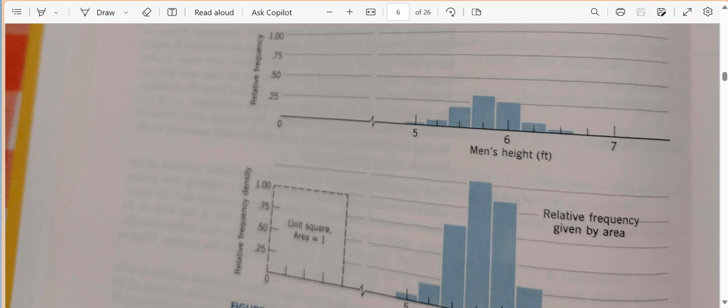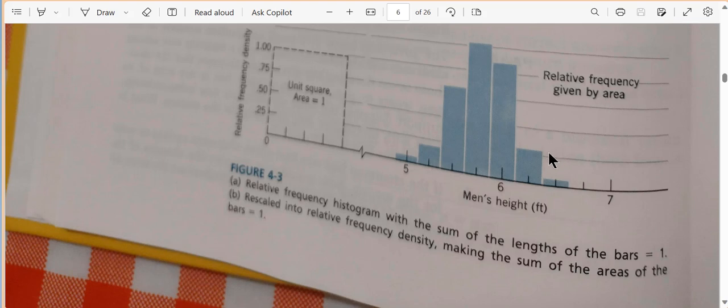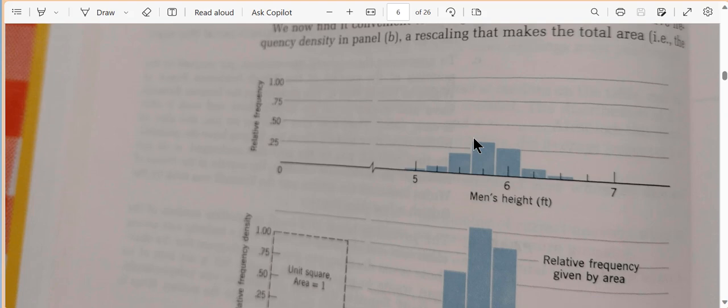What do we divide by? Well, let's not worry about what we divide by, but whatever the area was here, let's suppose the area was 2. Probably not 2, but suppose it was, then if you divide these numbers by 2, the area will be 1.